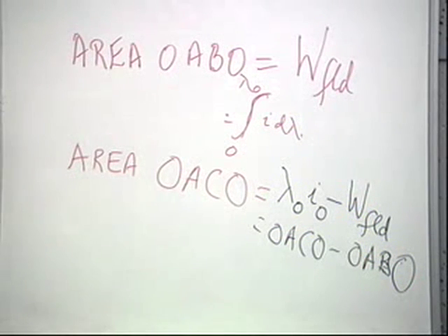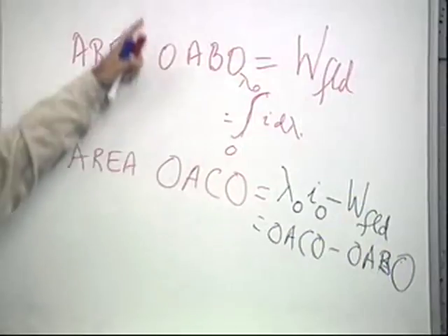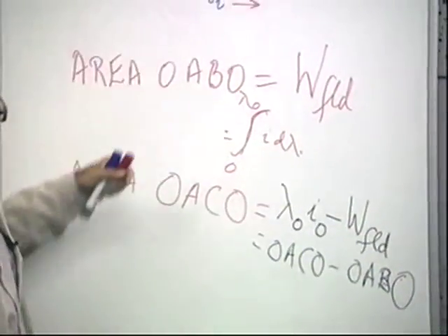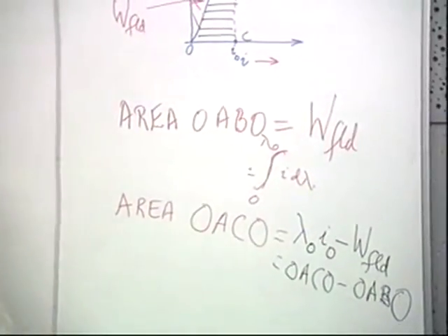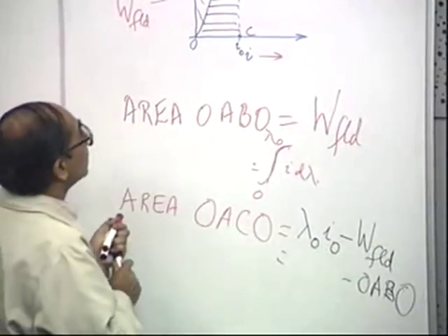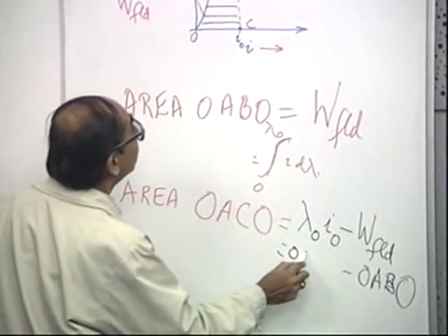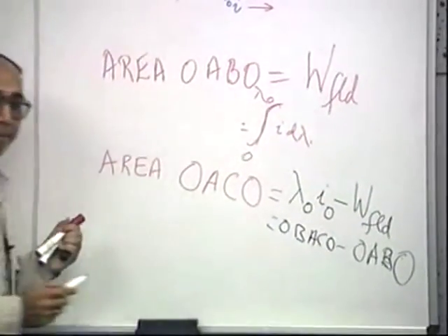Now we define this area, OBACO minus OABO.